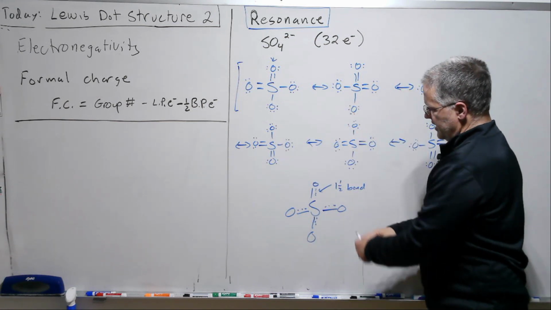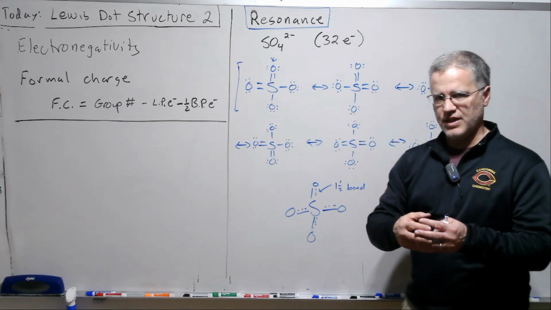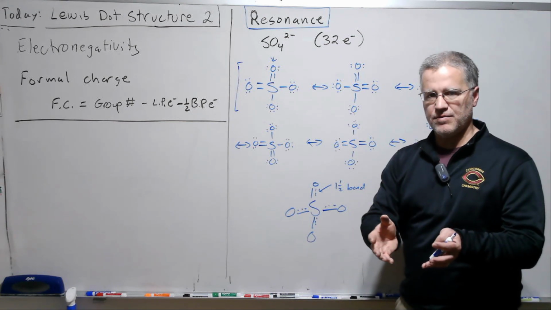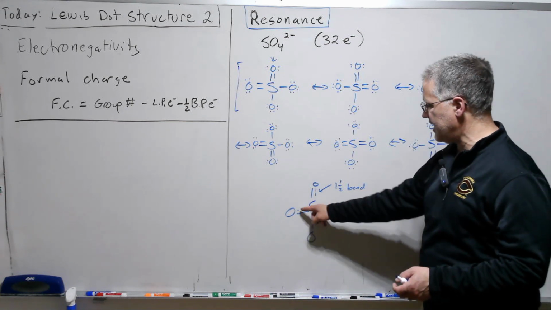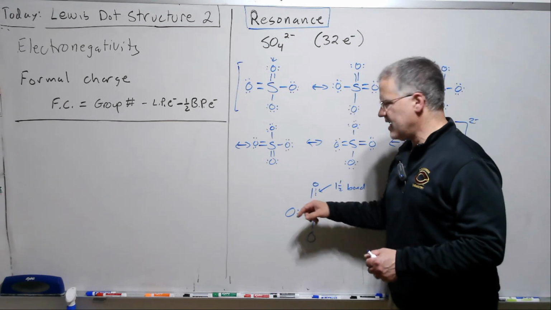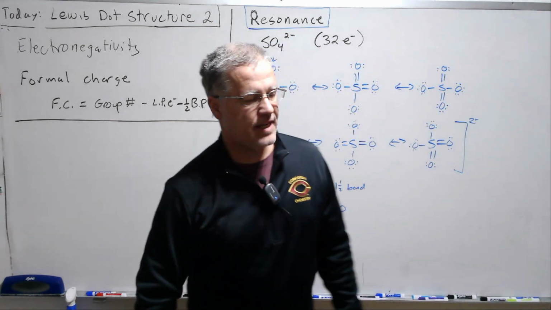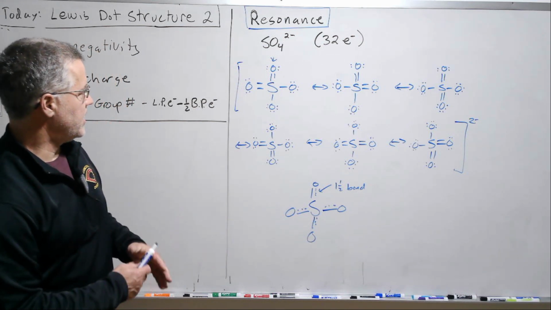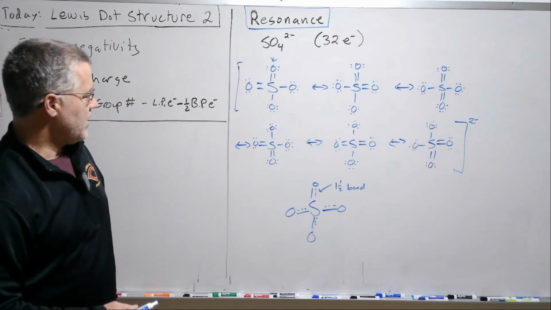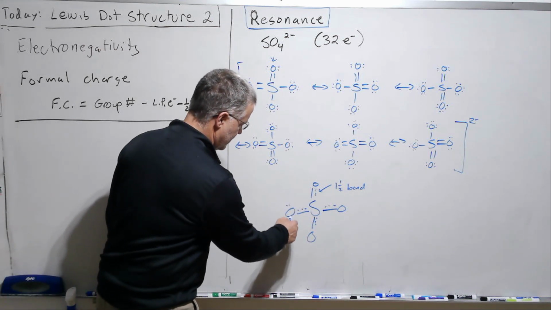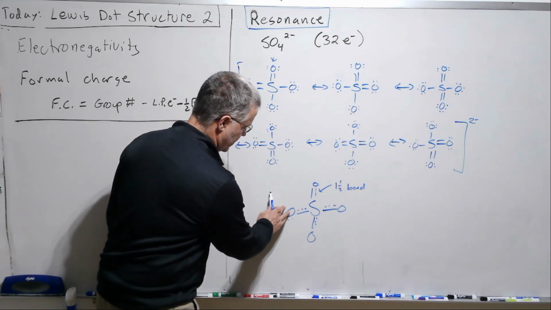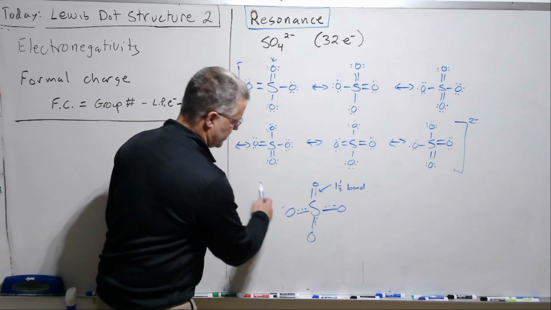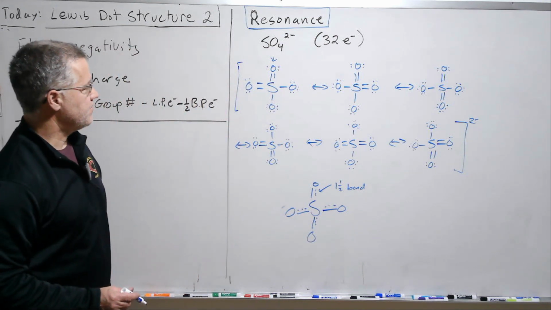This is a good picture for showing the average of the bond, 1.5, and indicating that with a solid line and a dash line. And it's good for indicating this spread of formal charge, because we can write that on there when we get to that. But we can't necessarily put, you know, is it this or is it this? We don't really do anything there. We just leave those off usually.